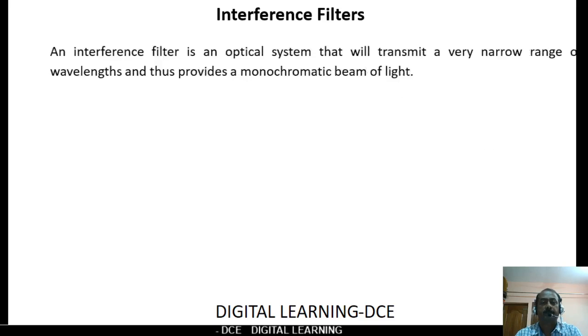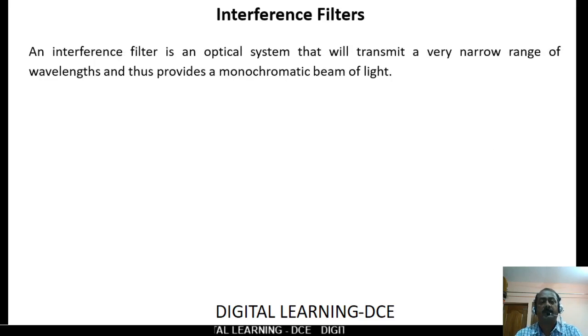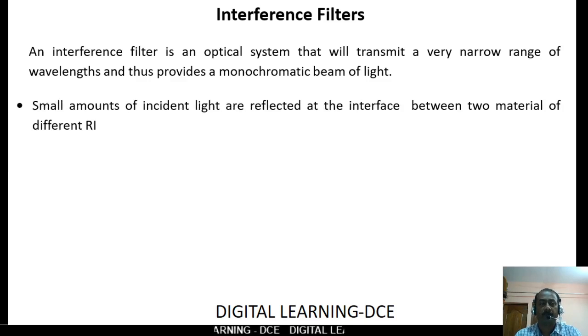See here, an interference filter is an optical system that will transmit a very narrow range of wavelengths and thus provides a monochromatic beam of light. It means a small amount of incident light is reflected at the interface between two materials of different refractive indices.